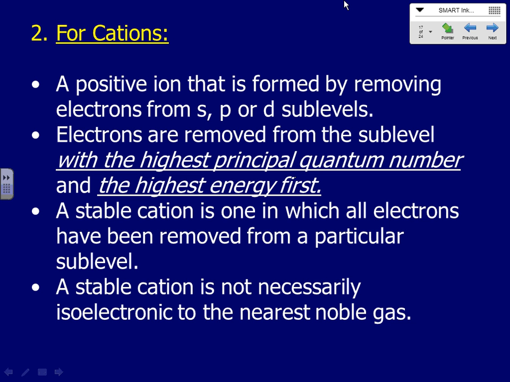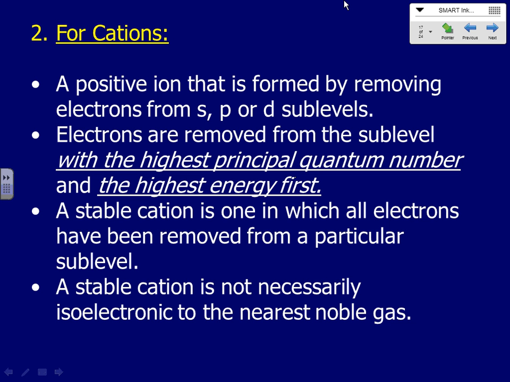A positive ion is formed by removing electrons from s, p, or d sublevels. Electrons are removed from the sublevels with the highest principal quantum number, all right? So that means the biggest number in the letter designation, the 4 of the 4s or 3 of the 3s.